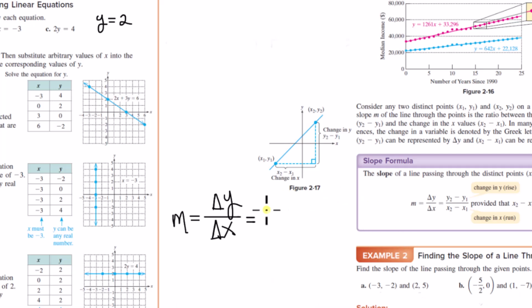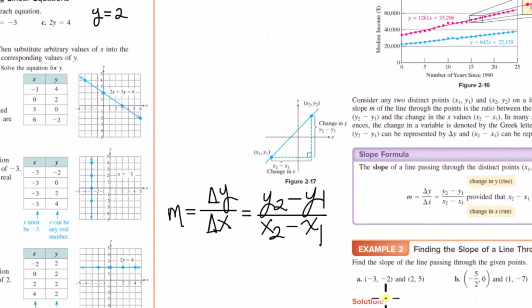And so the formula is, you take y2 minus y1, the y coordinate of point 2 minus the y coordinate of point 1, and divide that by the x coordinate of point 2 minus the x coordinate of point 1. And that is the slope formula, the formula that you can use to calculate the slope of any line.